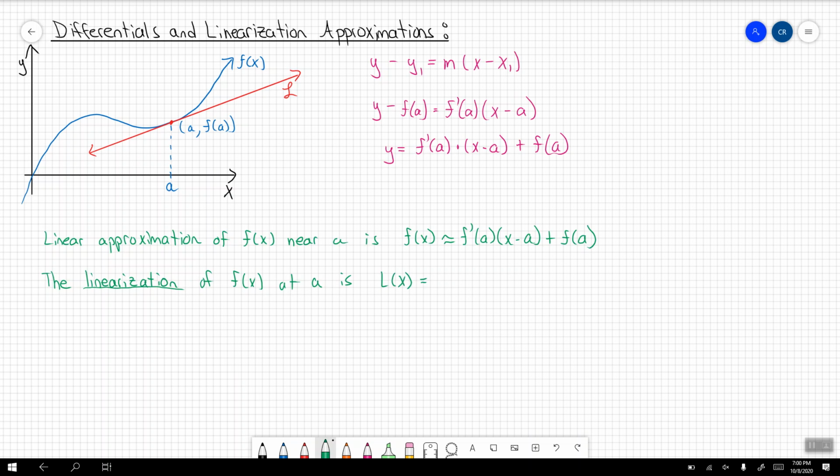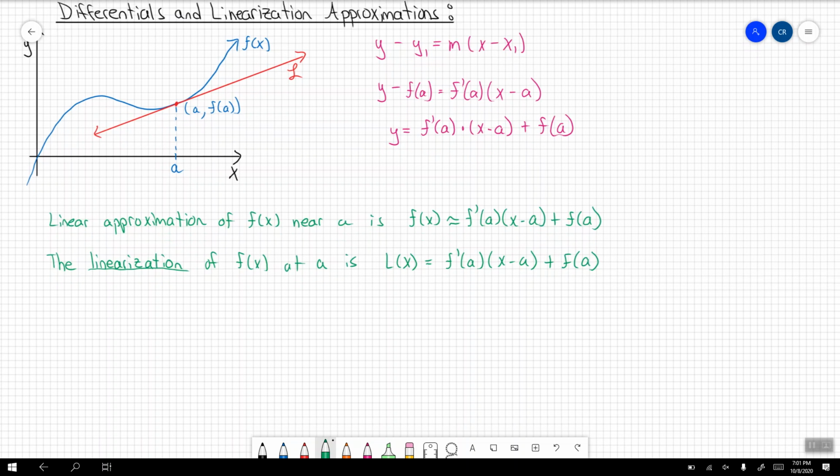This linearization means that we're going to take that linear function that we found and we're going to know that it's going to approximate this function f of x. Therefore, it's called this linearization, which is this function that we were looking at right above. And so this is where this whole process of linearization or linear approximations stems from.